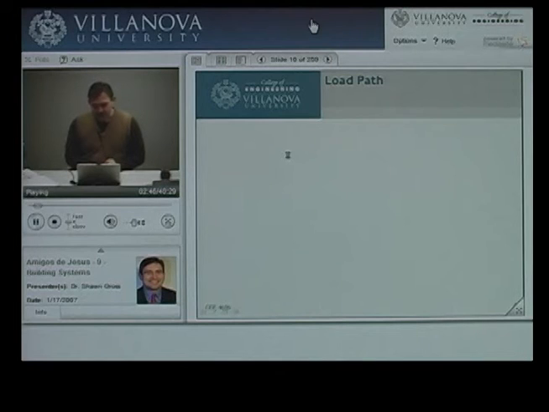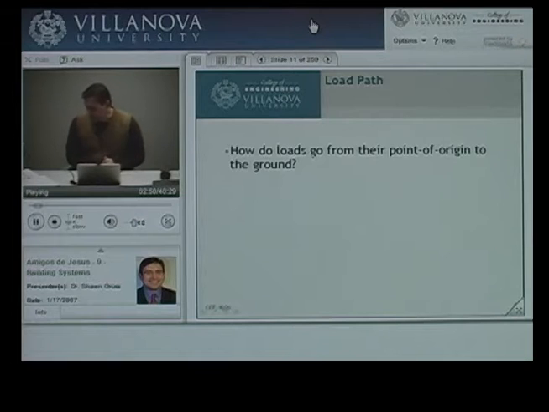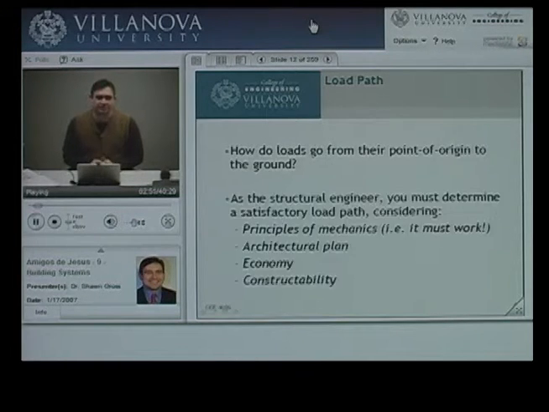Now, in terms of a load path, there are actually, with respect to that question, going to be several different considerations that as a structural engineer you're going to consider in any given structure. The first and clearly the most important thing in any load path is the idea that we have to satisfy the principles of mechanics. So we started structural engineers way back in statics and dynamics and mechanics of solids, and we learn all these principles.